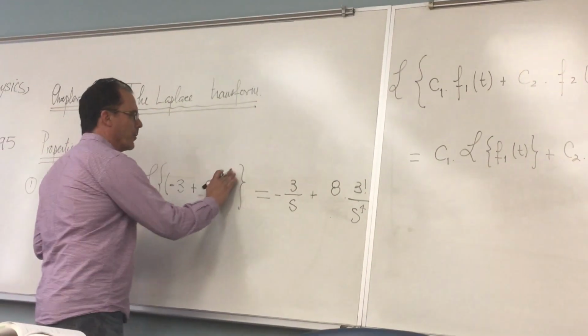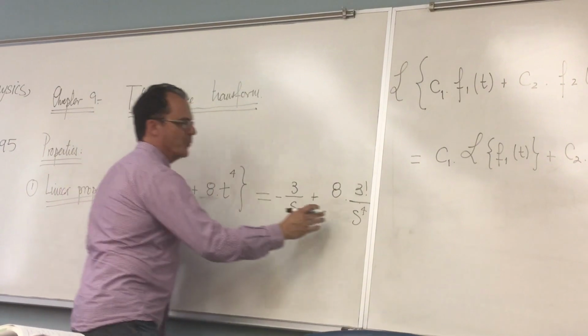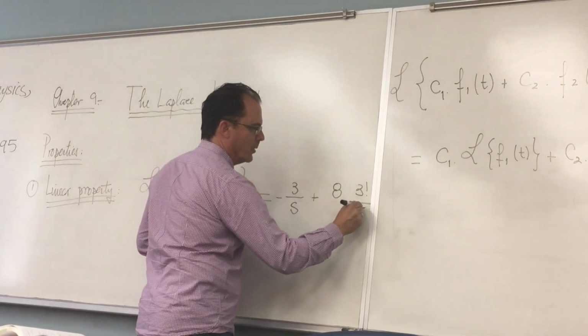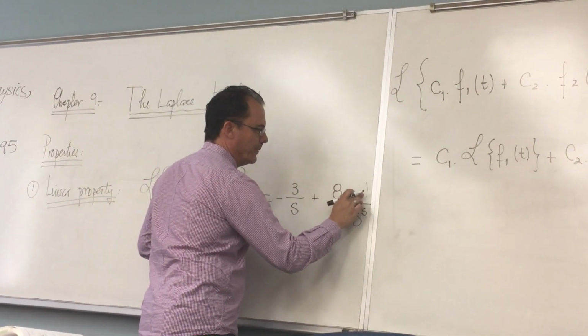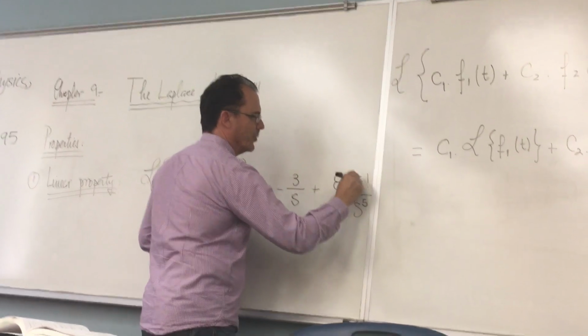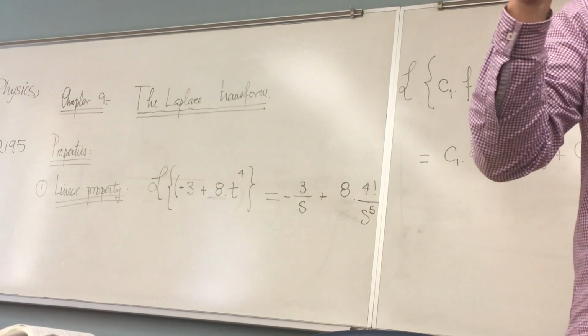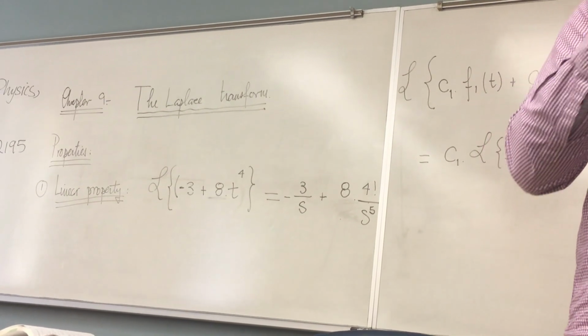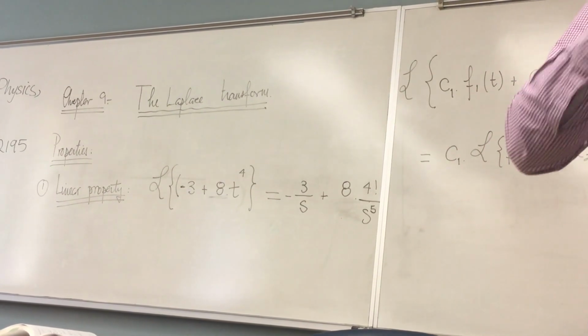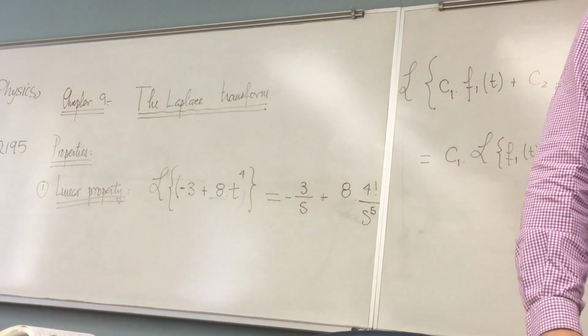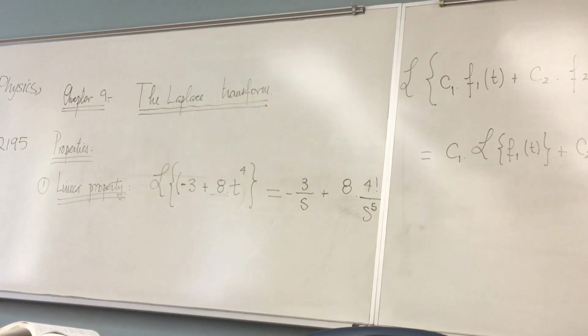If this would be a 4th, then this would be s to the 5th, and the factorial still there, but it's a 4 factorial, right? Now, what is 4 factorial equal to? 4 times 3 times 2, 24. That's the concept of factorial, right?